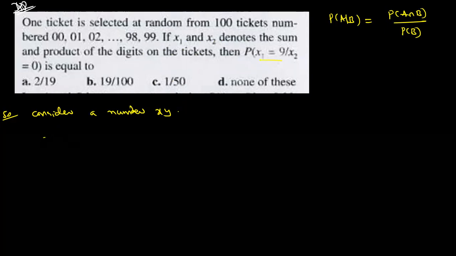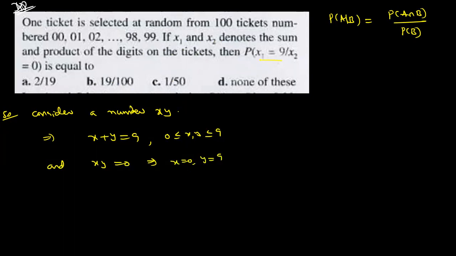First, X1 is the sum of the digits, that means x plus y is equal to 9. What about x? X, y should be 0 to 9. The other one is xy is equal to 0. Xy equal to 0 means x is 0 or y is 0, that is, x is equal to 9 or y is equal to 0.